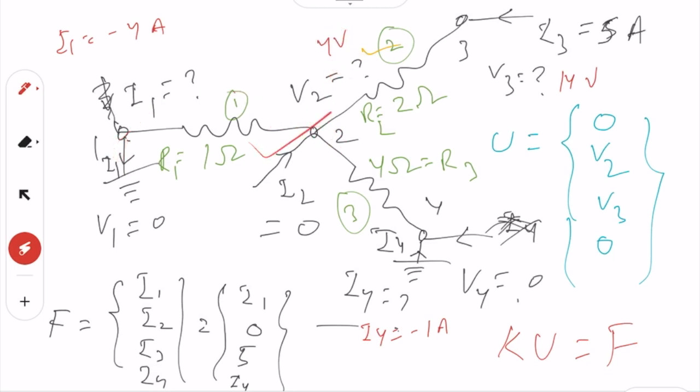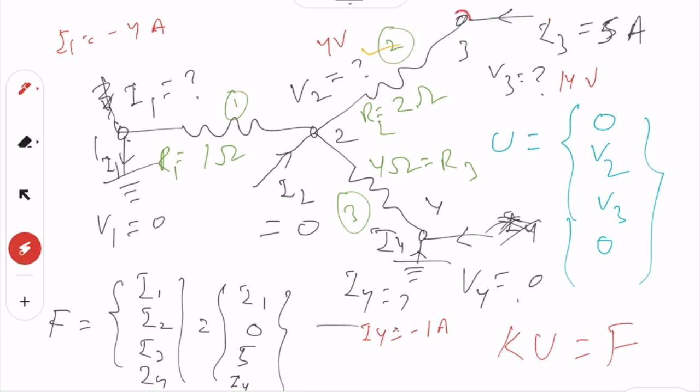So it's good. Similarly here, if 5 ampere is coming from here to here, and this is 4 volt, then 5 ampere multiplied by 2 is 10, so the potential difference between this and this has to be 10, and since the current flows from this one, this node has to be at higher potential.